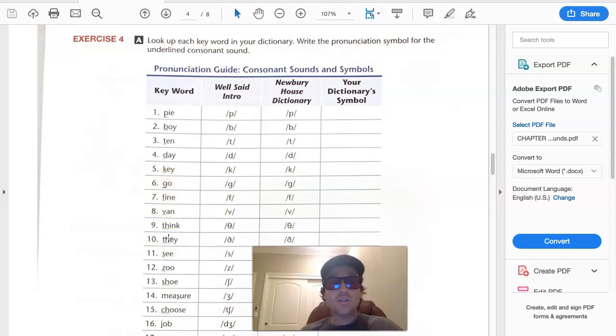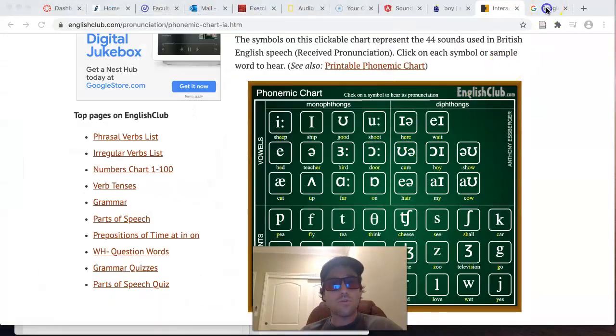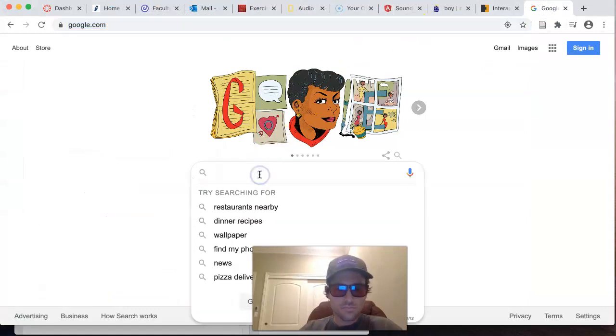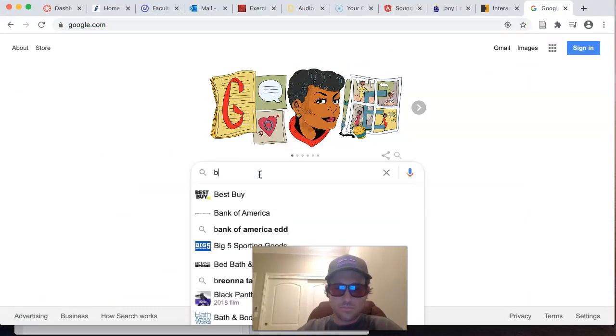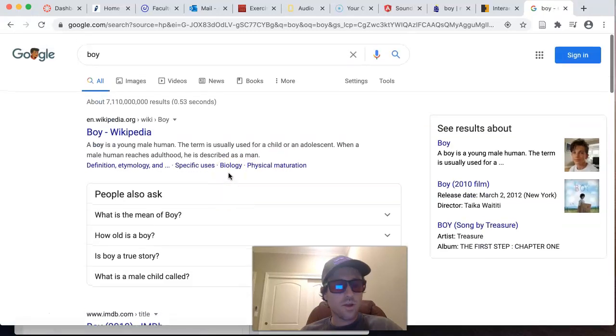The pronunciation symbol that we use doesn't necessarily match the spelling. But go through that chart, use those two tools, and you can even use the Google tool as well that I showed you earlier. Matter of fact, the Google tool will give you two for one.